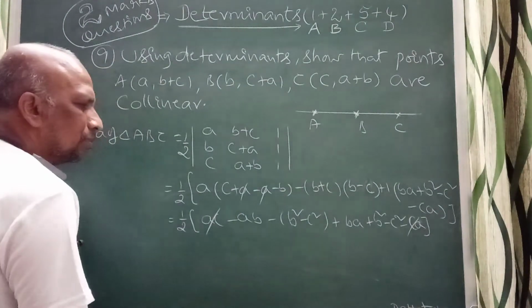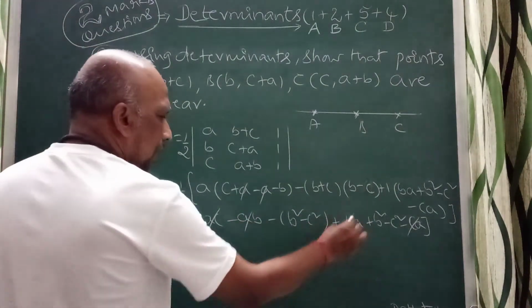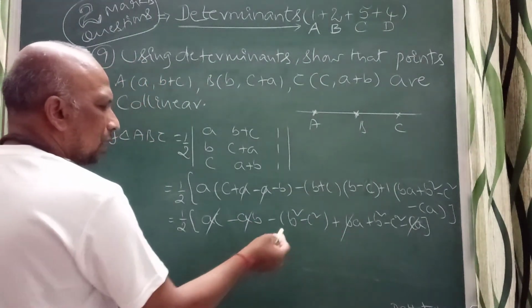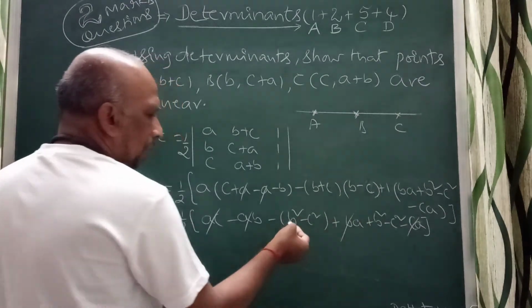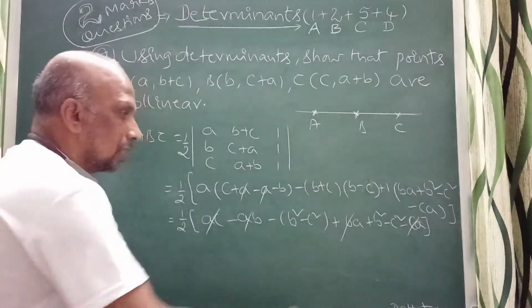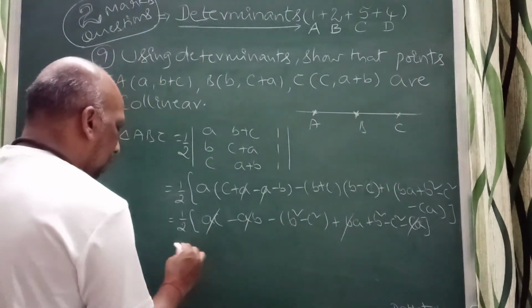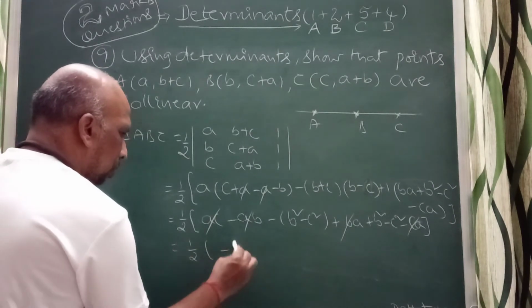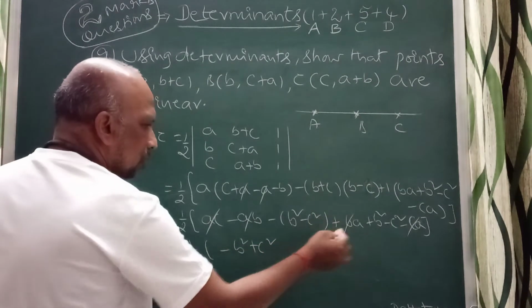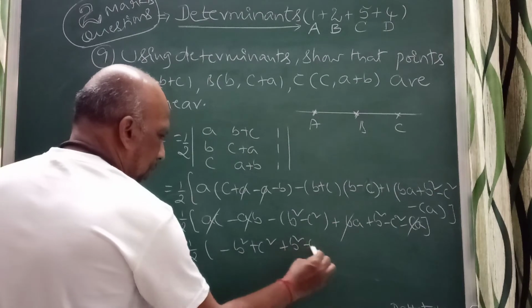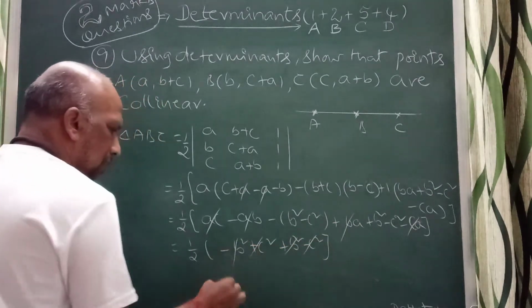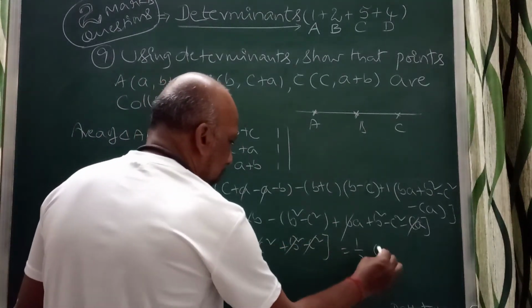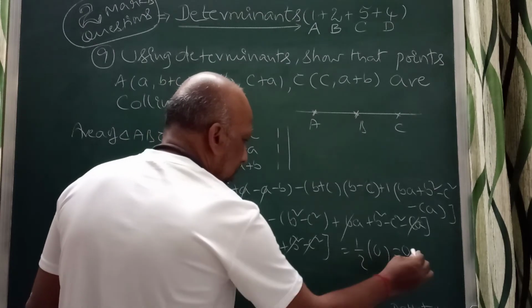Minus AB plus AB get cancelled here. Even I can check this: B square minus C square, minus of B square minus C square, will get cancelled. If you want it clearer, 1 by 2 minus B square plus C square plus B square minus C square, right? Everything will get cancelled. 1 by 2 into 0 is 0.